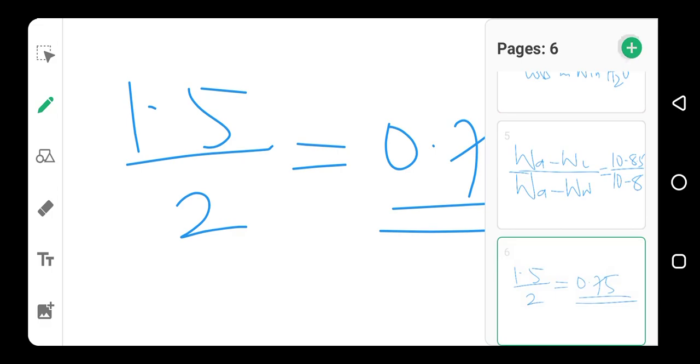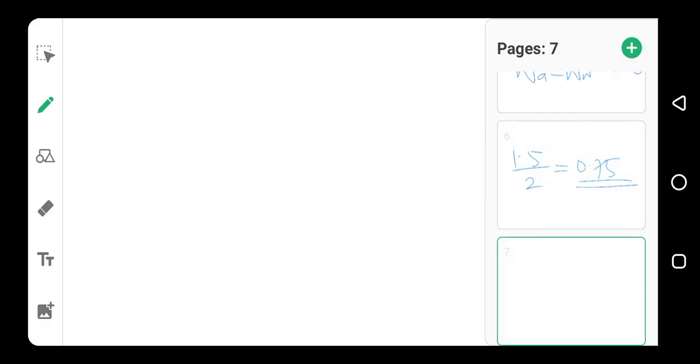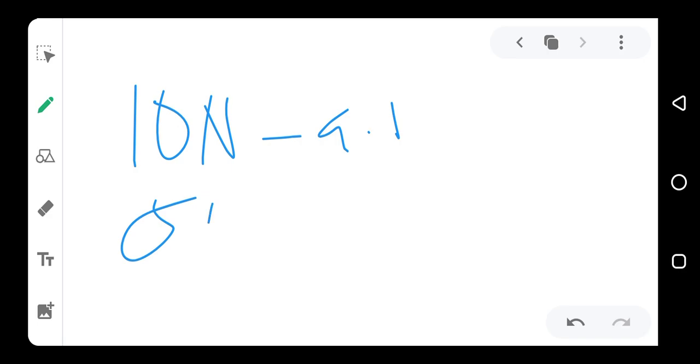Now let's look at another example. Let's look at upthrust.